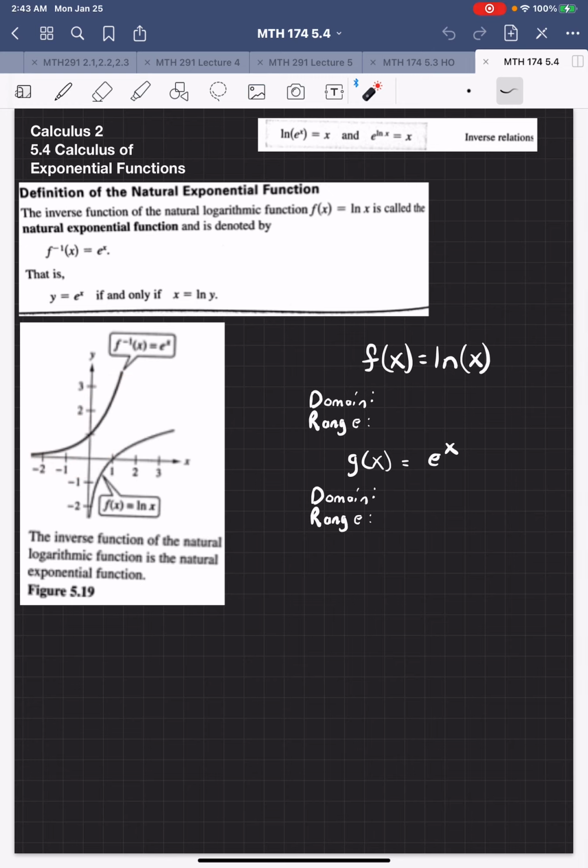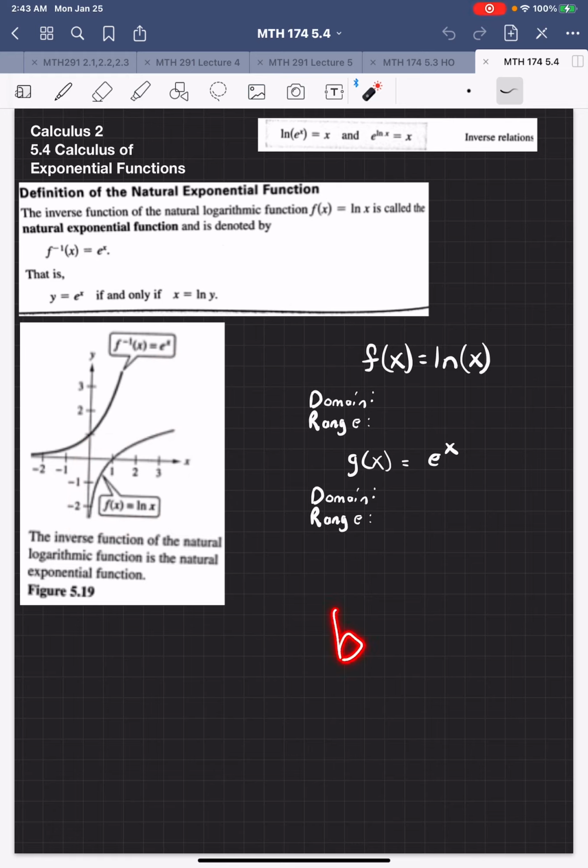So, beautiful graphs. Again, we need inverse operations, and if we're going to talk about e to the power of x, logarithms are the inverses for exponentials. I'll say that again.